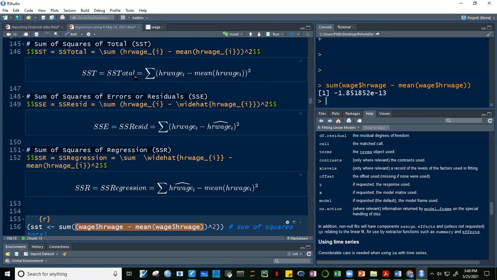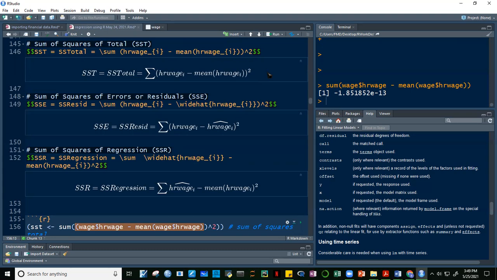Ano ba meaning nito? Ang ibig sabihin nito, guys, we're not using any other variable to try to describe your hourly wage. Hindi natin ginamit si X dito, no? Diba? So we're saying here that if we don't have any other predictors, kunyari, wala tayong value ni education, wala tayong value ng ibang X, ng ibang independent variables.